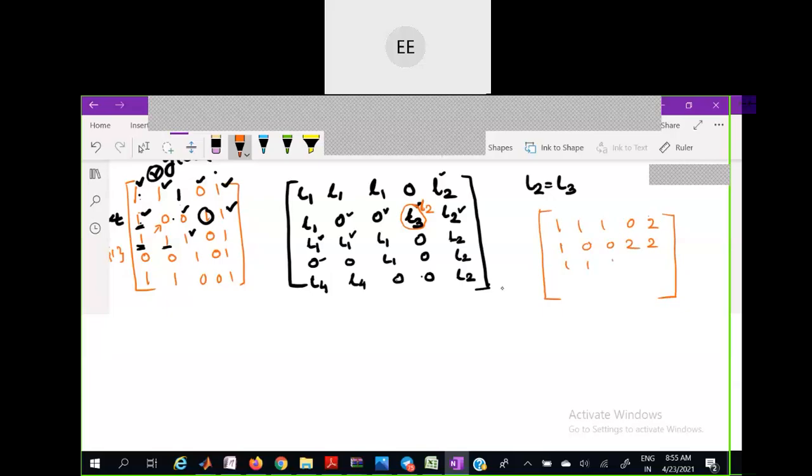This is 1, 0, 2, 0, 0, 1, 0, 2. This will be L4. I think 3 is not there. For L4, I'll give the label as 3. This is a count of label now. Okay. So how many labels are there?